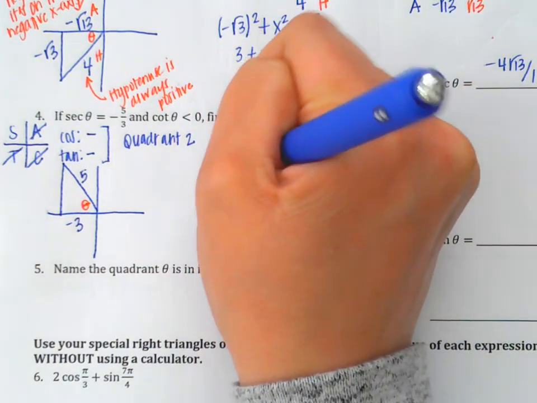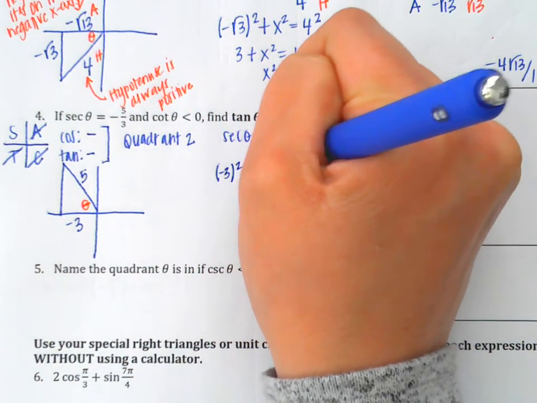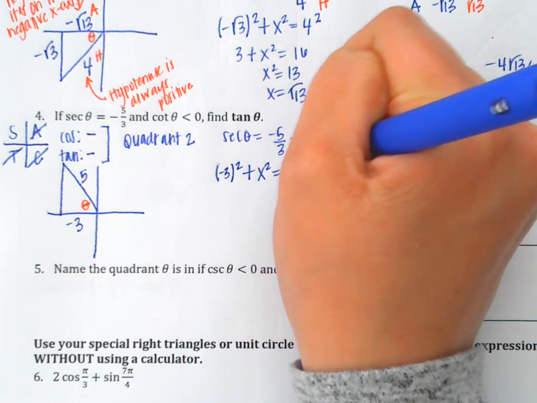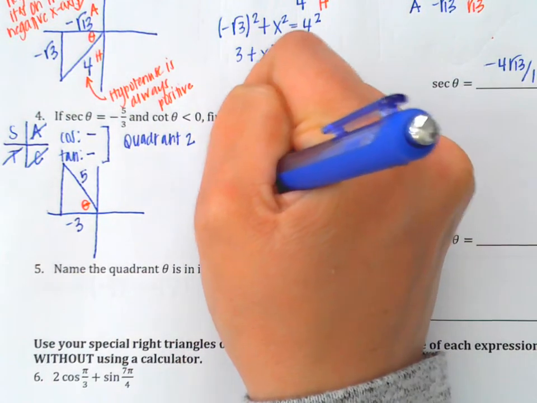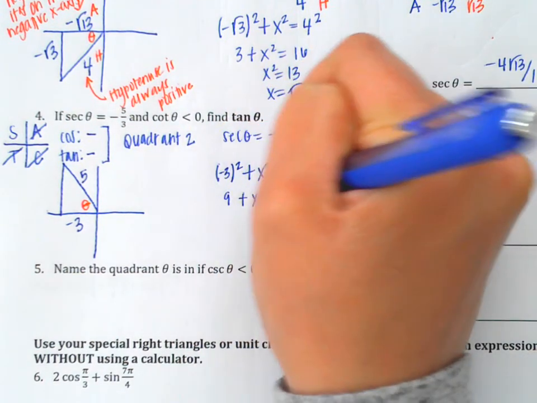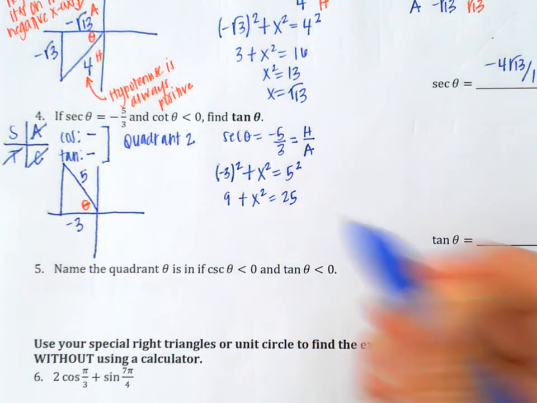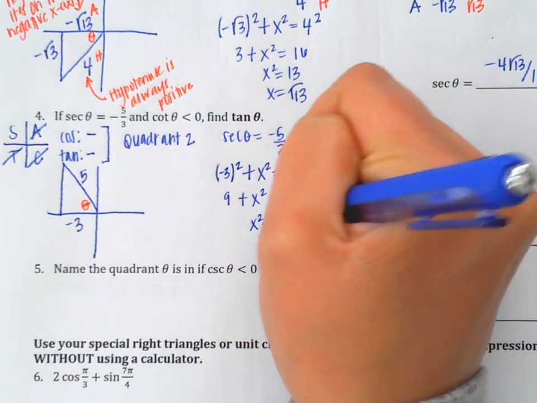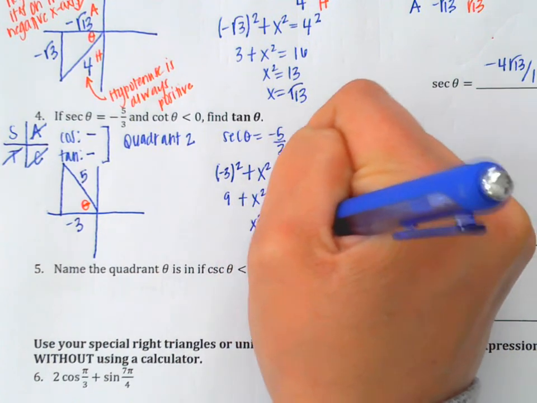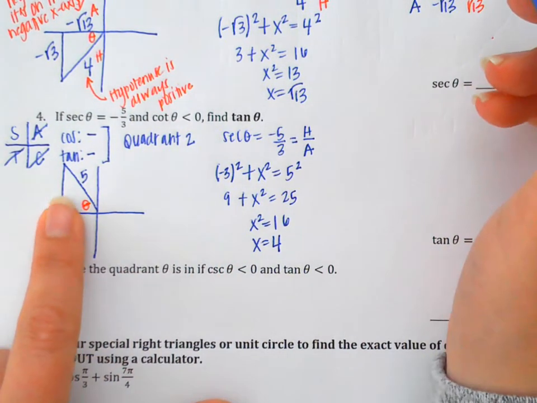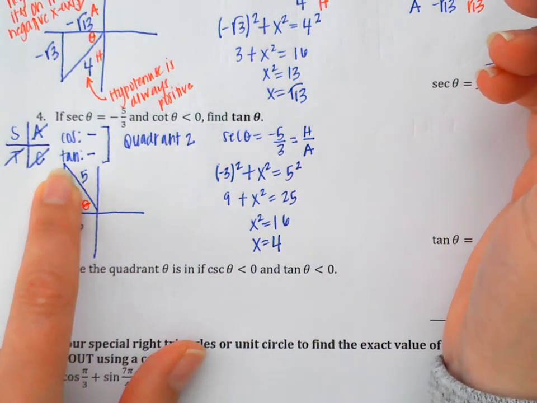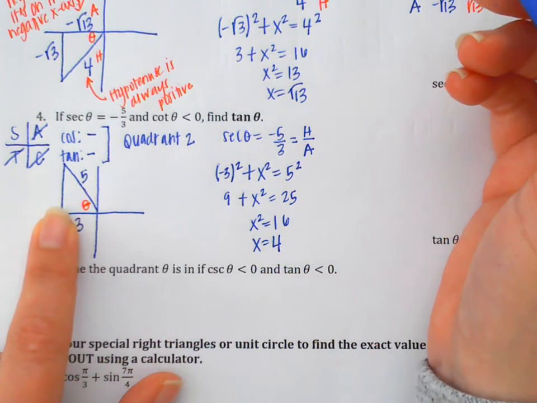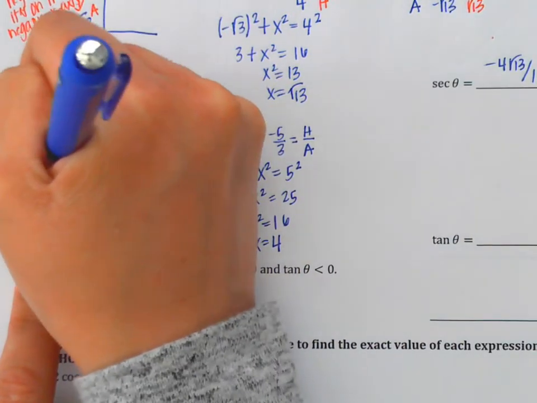So negative 3 squared plus x squared equals 5 squared. So we subtract 9 from both sides, and I get 16. Square root both sides, and I get 4. Now we have to think about the sign of 4. Is this going to be a positive 4 or a negative 4? And it's up, so it's going to be a positive 4.